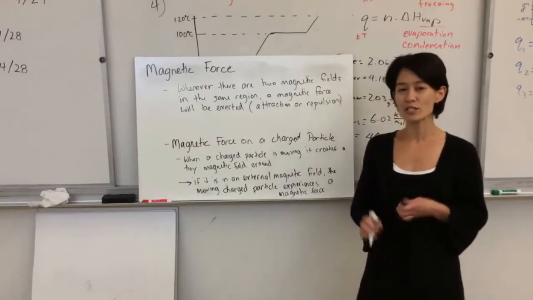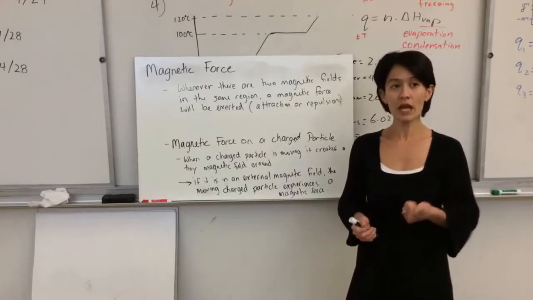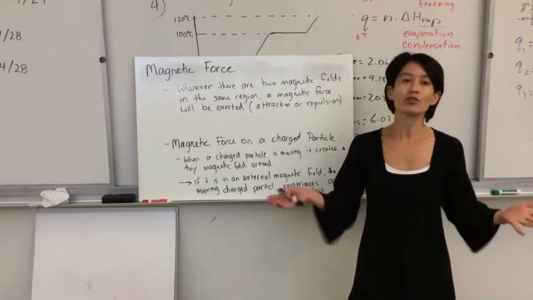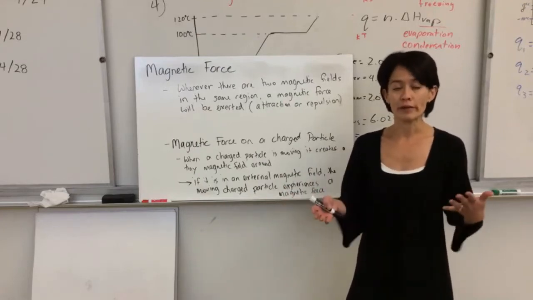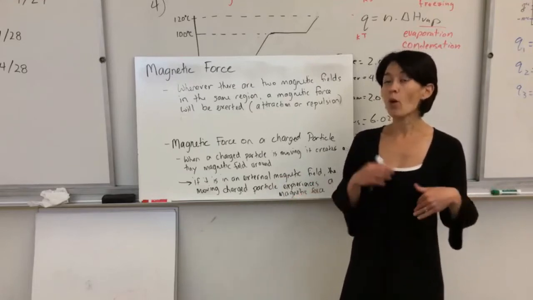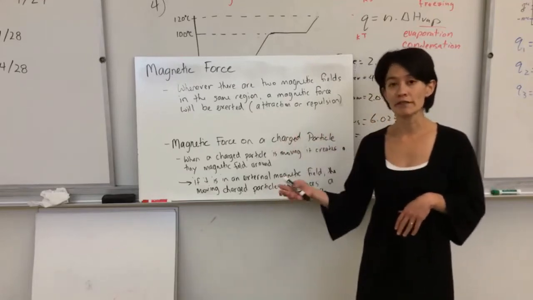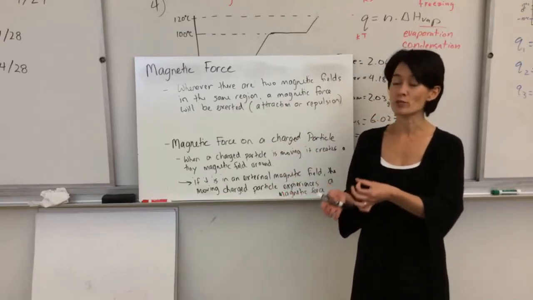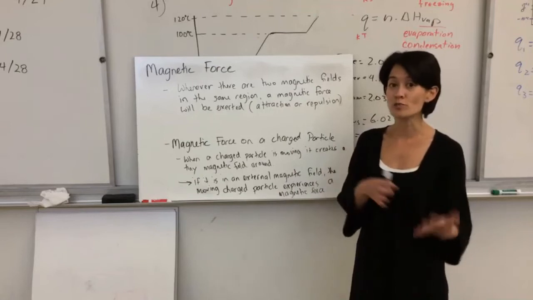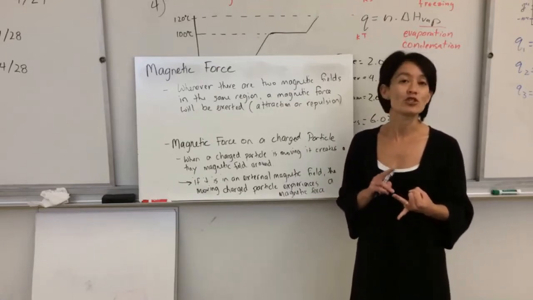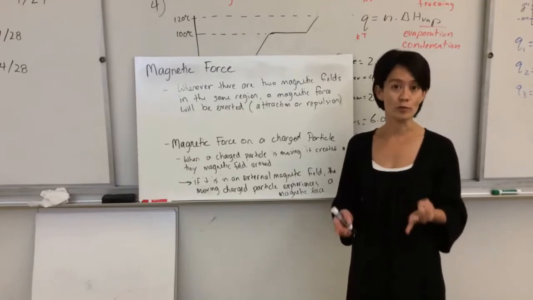The charged particle has to A, be moving, and B, be moving in an external magnetic field. If you just have a charged particle moving by itself and there's no external magnetic field, it won't experience a force. Or if you have an external magnetic field and a charged particle sitting there stationary, it won't experience a magnetic force. The two conditions must be met in order to experience the force.